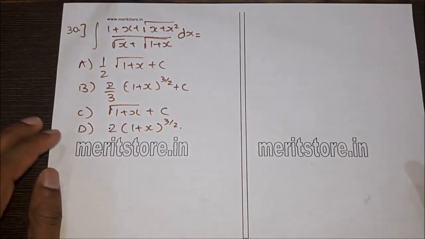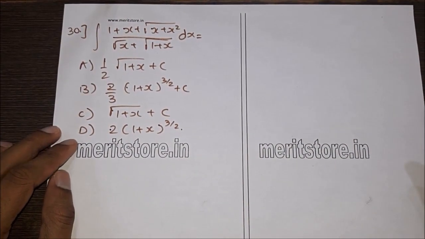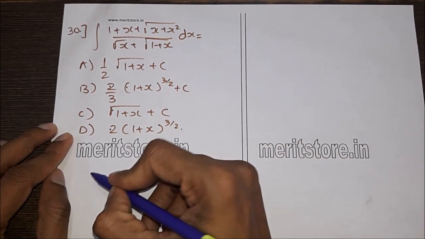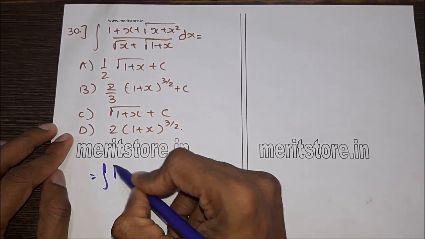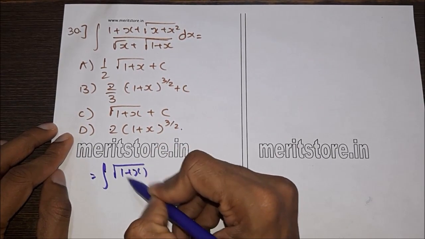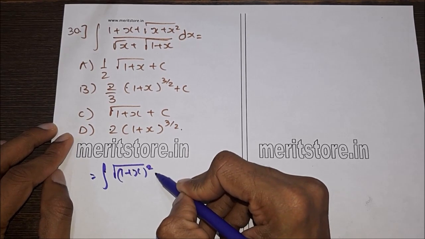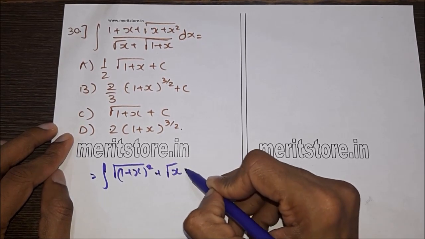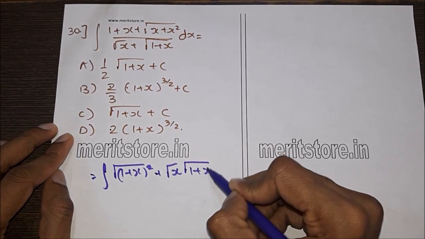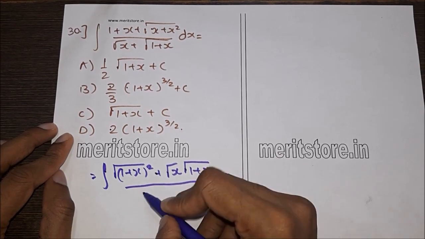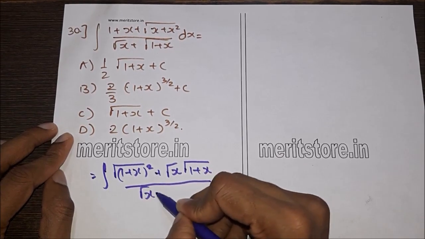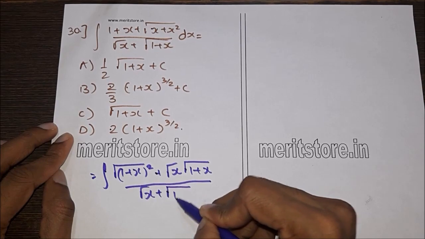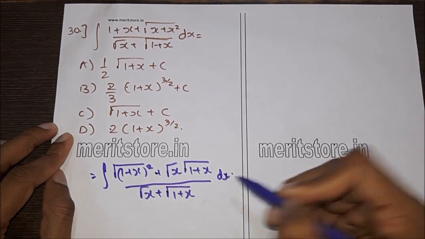Question 30. The integral of (1 plus x plus root x plus x square) upon (root x plus root 1 plus x) dx is equal to... We can write that integrand as the integral of [(under root 1 plus x) the whole square plus of under root x (1 plus x)] upon [root x plus under root 1 plus x] dx.